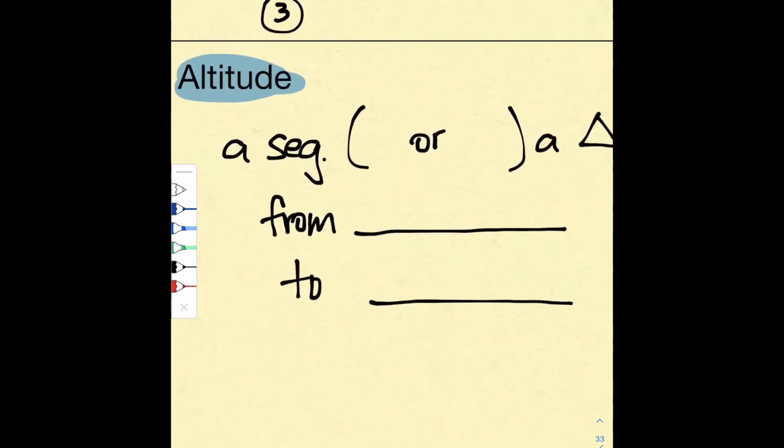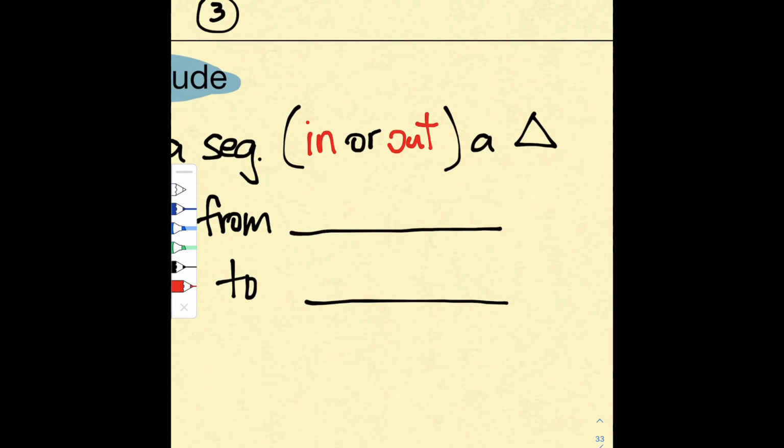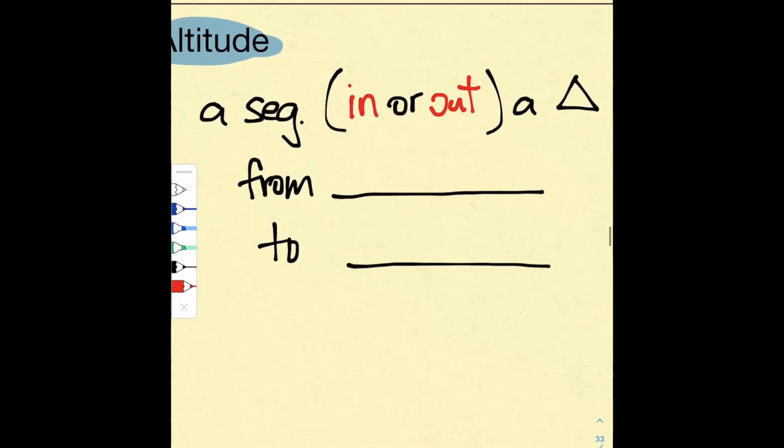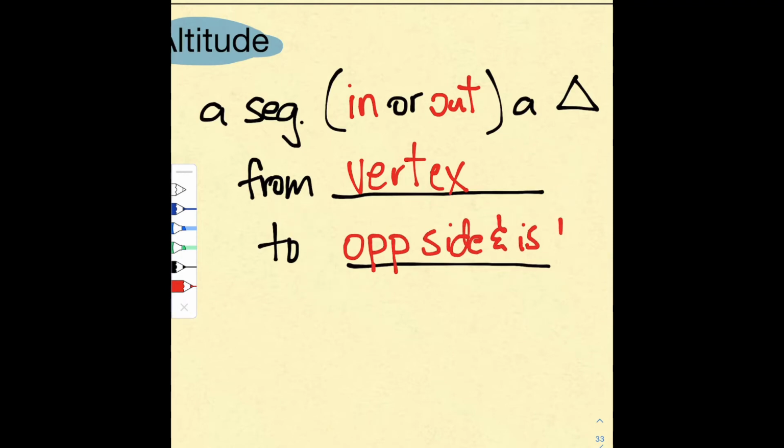What is an altitude? It's a little trickier than the other two, because it is not only in, it could also be outside of a triangle. Again, it starts at the vertex, and it goes to the opposite side, and is perpendicular.